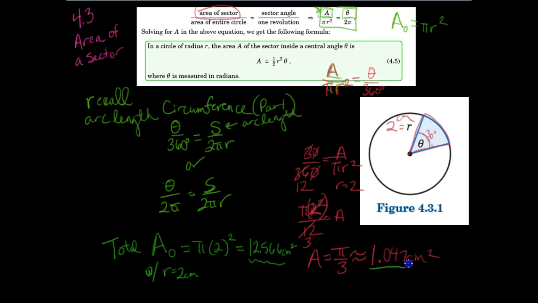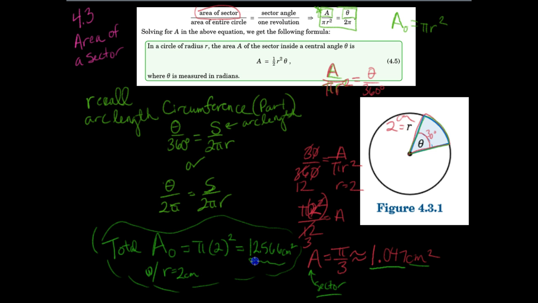which is approximately equal to 1.047 centimeters squared. Okay, so remember that's just the area of the sector. The sector is this little chunk of the pie, as it's not the entire circle, it's just a portion of it. This area right here is the total area of that circle with radius 2, 12.566 centimeters squared. So really this is thinking about a piece of the pie.